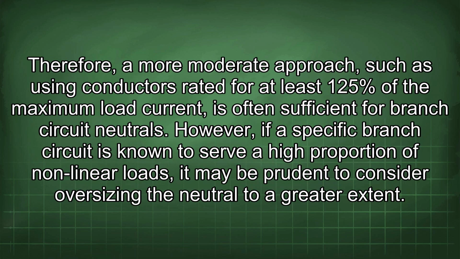Therefore, a more moderate approach, such as using conductors rated for at least 125% of the maximum load current, is often sufficient for branch circuit neutrals. However, if a specific branch circuit is known to serve a high proportion of nonlinear loads, it may be prudent to consider oversizing the neutral to a greater extent.